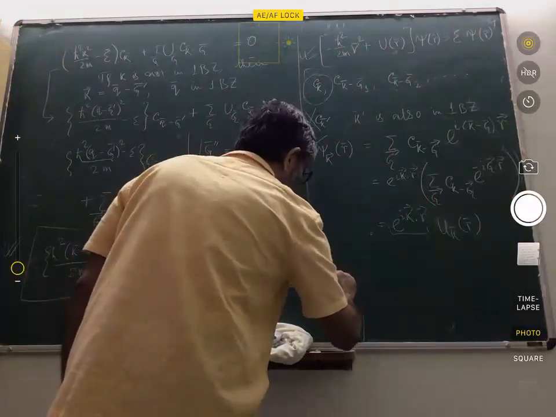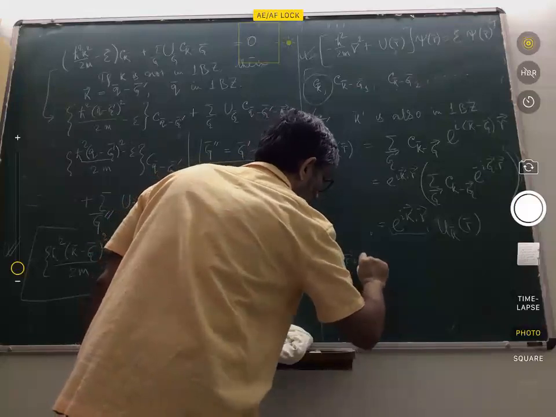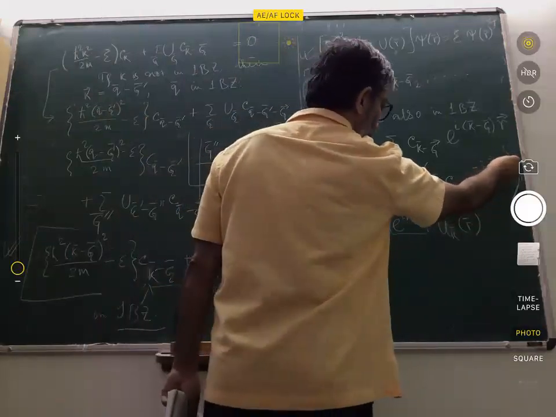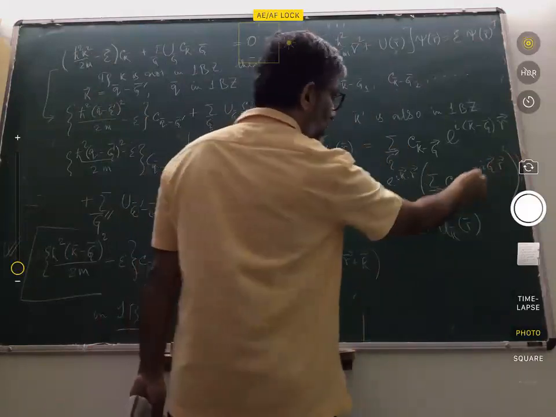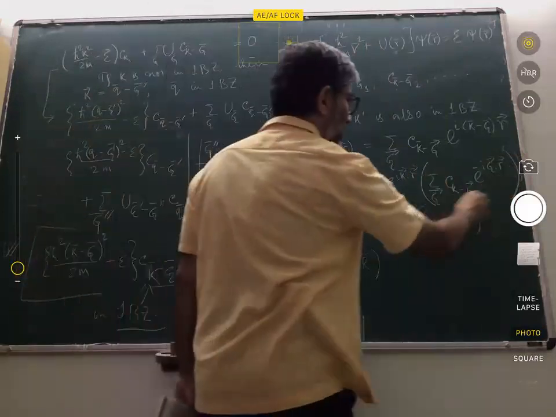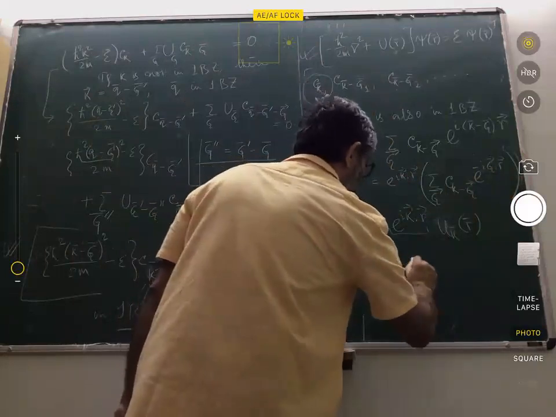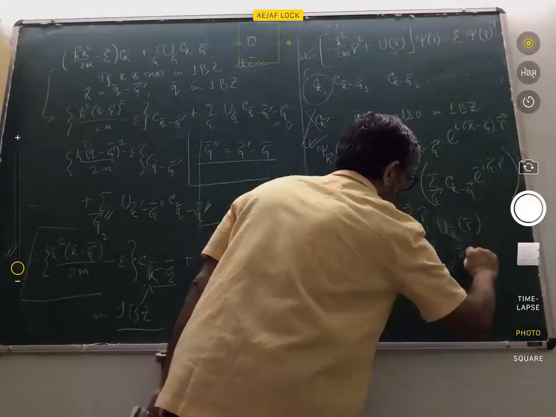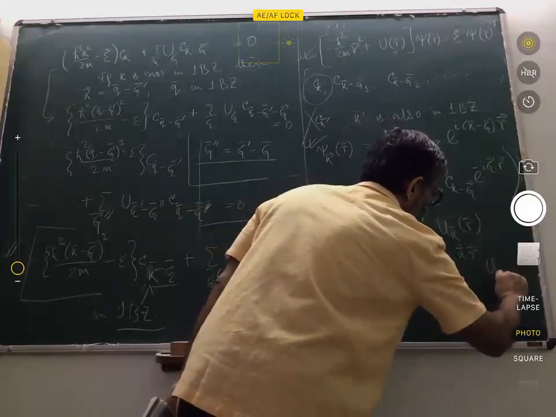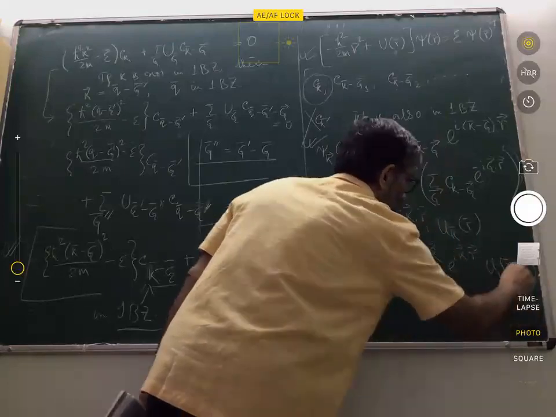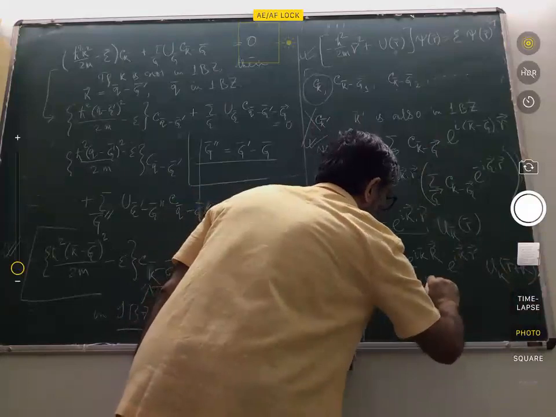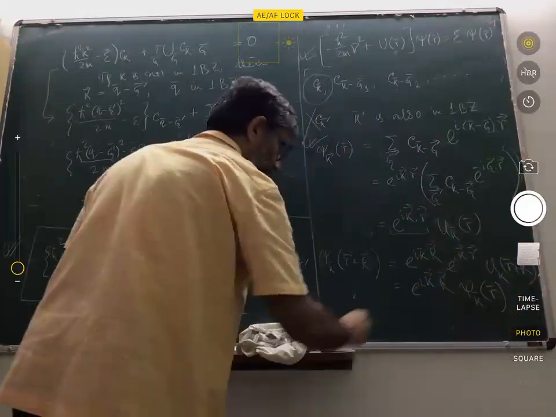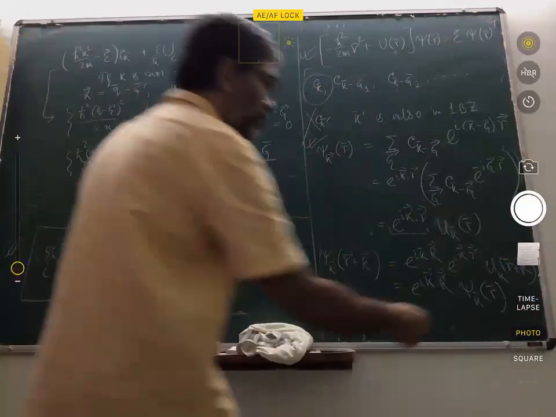Now you see, if you write psi k of r plus R, because of this particular form, this has an e to the i G dot r form. So if you write r plus R, this e to the i G dot R will give you 1. So this thing does not change. What changes is this part. So you will have this, because u k is periodic with the periodicity of the lattice vectors.